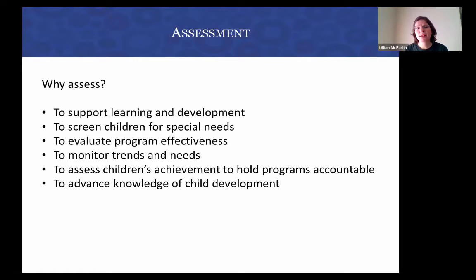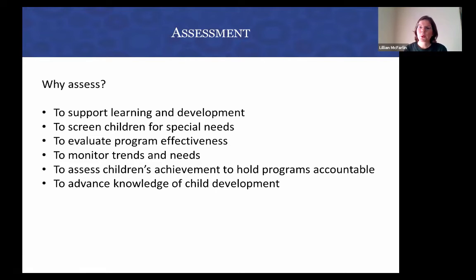So assessment, the reason you want to figure out what children know is so that you can support their learning and development. So if you have no idea where they are developmentally, you can't support them in getting to the next phase.